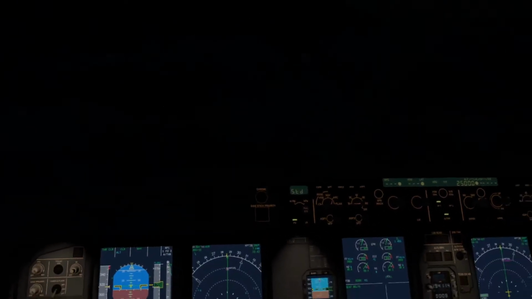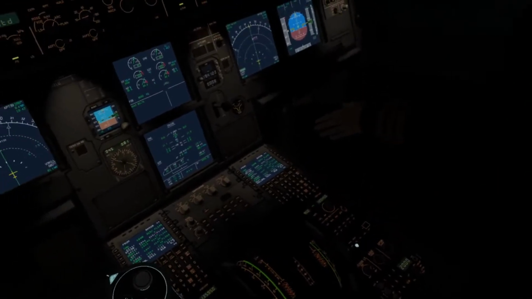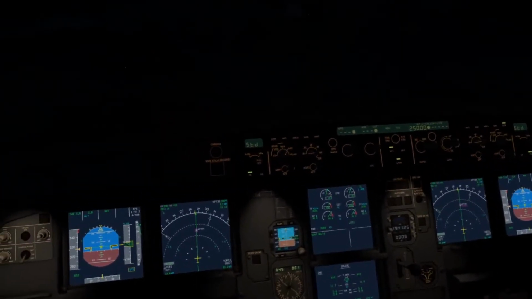Now we are passing quite a lot of clouds, so that is why it's becoming like this. A very nice view of the mountains at night.